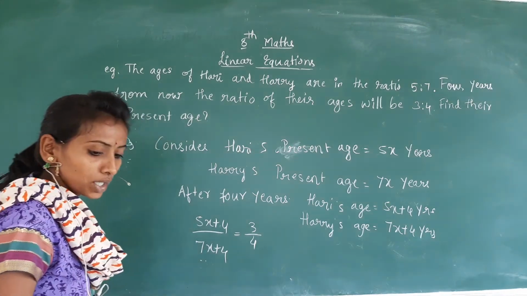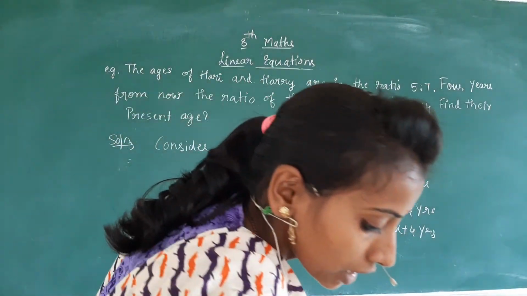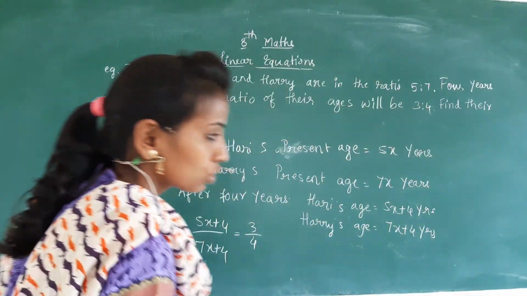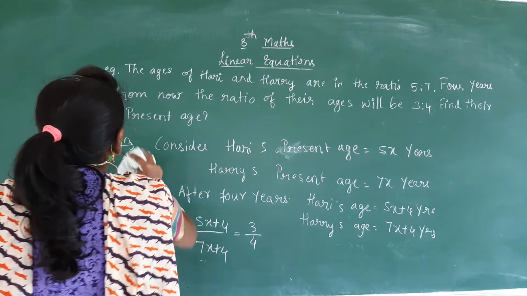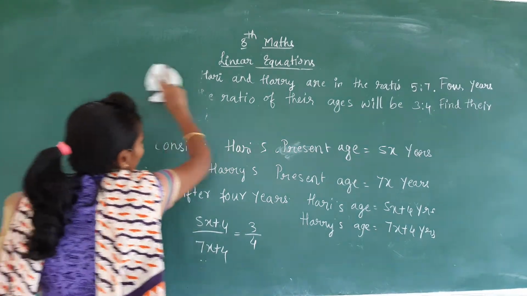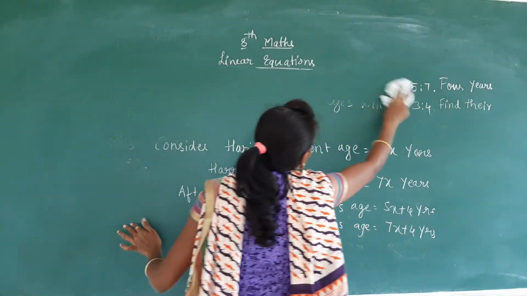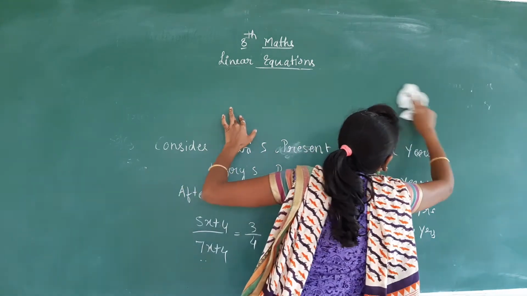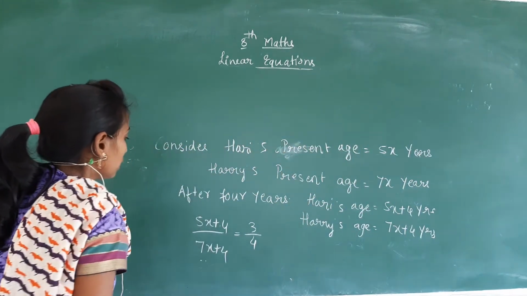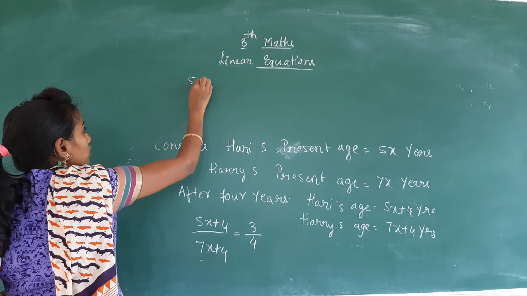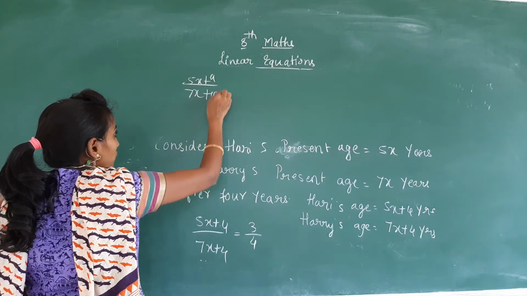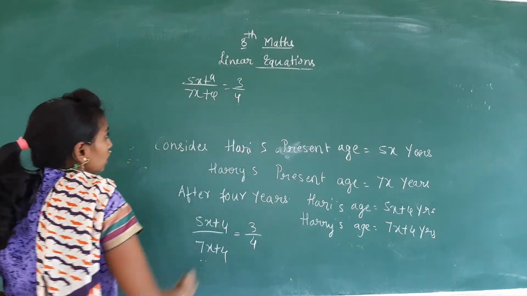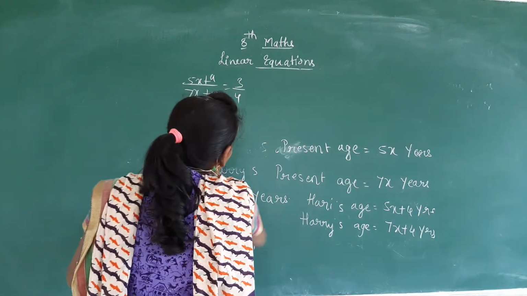Now this is not a linear equation. We are reducing this into linear form. That is, 5x plus 4 over 7x plus 4 is equal to 3/4.